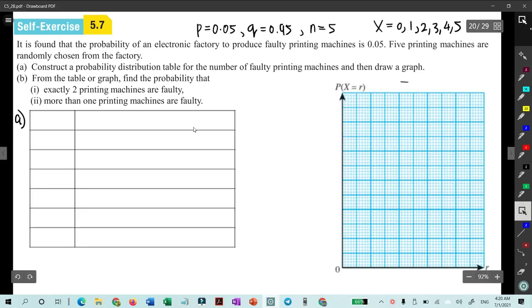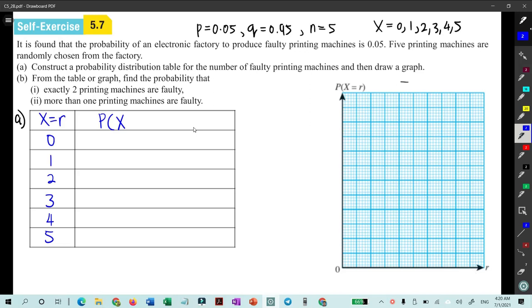So in the first column of this table, I'm going to write the values of r. So the value of r is 0, 1, 2, 3, 4, and 5. And in the second column, I'm going to calculate the probability of each of these values of r.